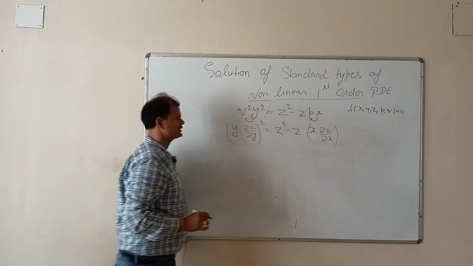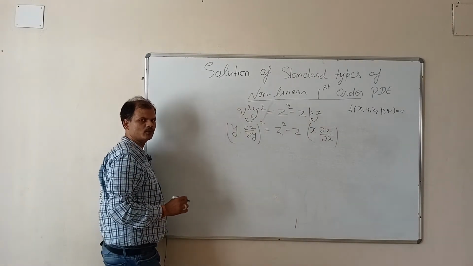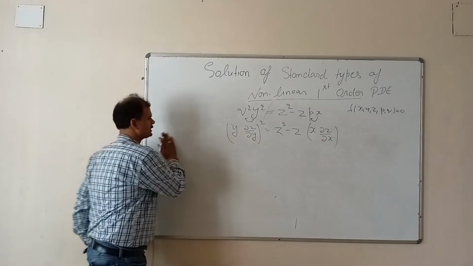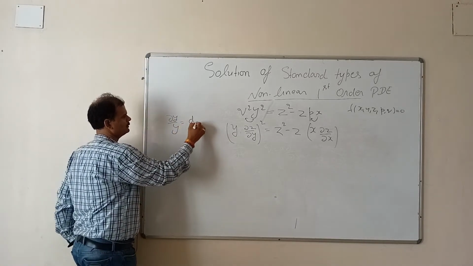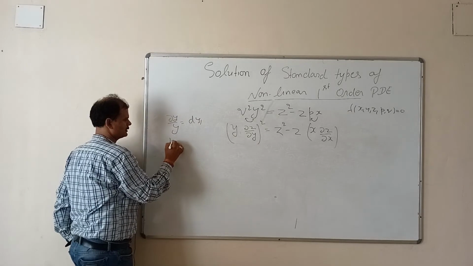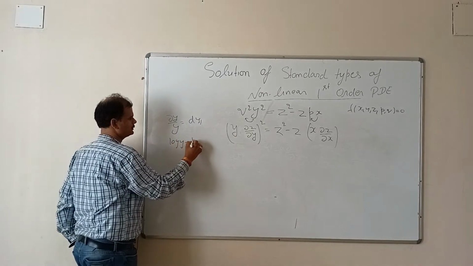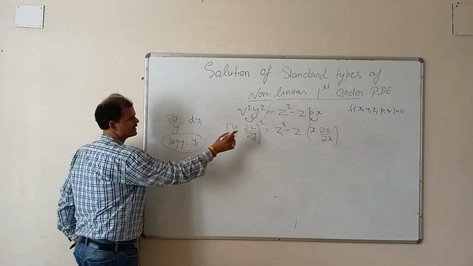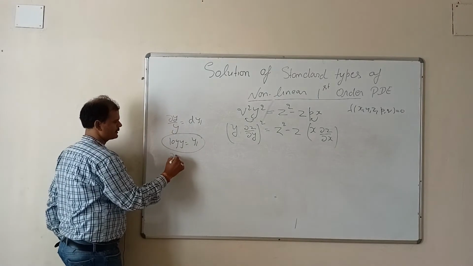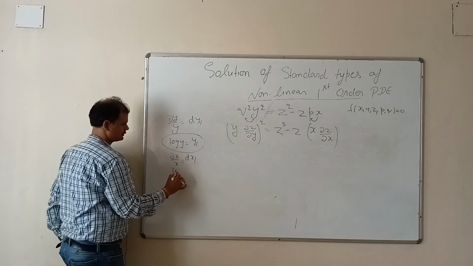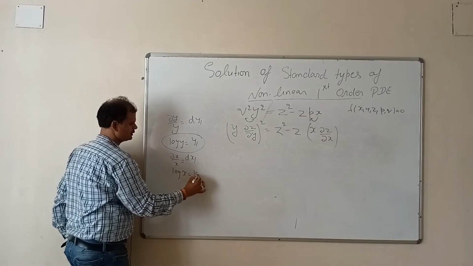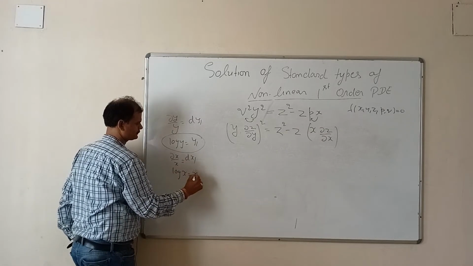We should not worry about the z, because z we can have in the standard form 2, only x and y. So for that I will put dy by y equal to dy1, so log y equal to y1. Same way for x: dx by x equal to dx1, so log x equal to x1.